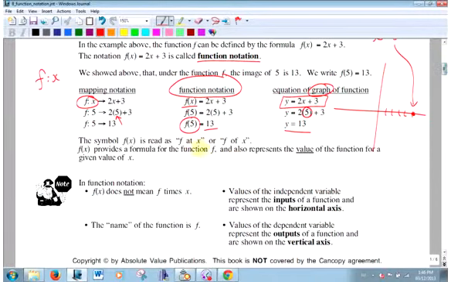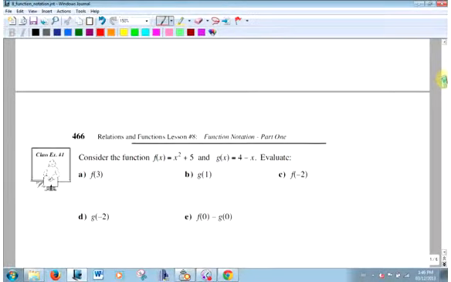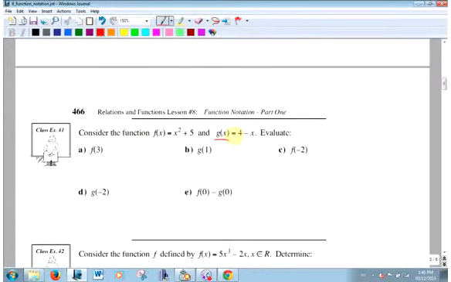All right? f of x. That's how we say that. It doesn't mean f times x. This is the name of the function. The function in this case is f. F for function. But we could have used all sorts of different letters. Like g of x.